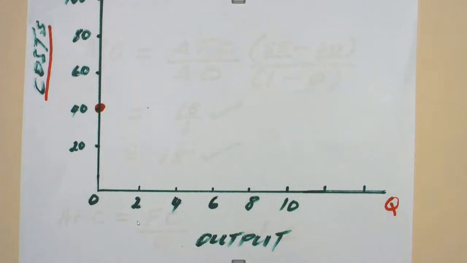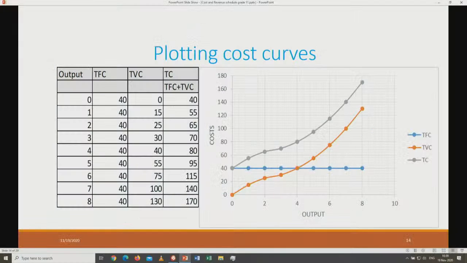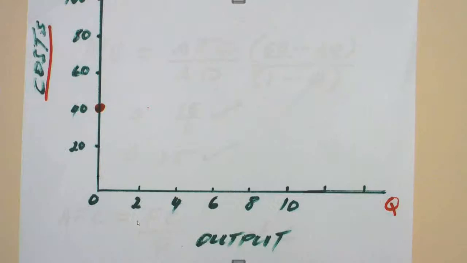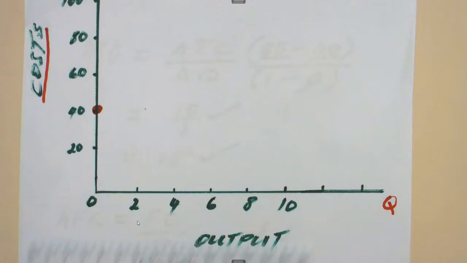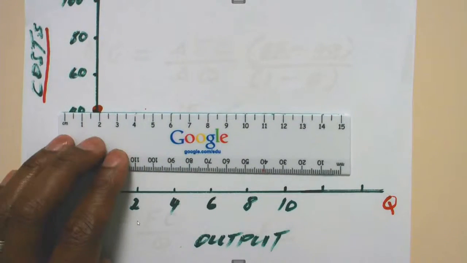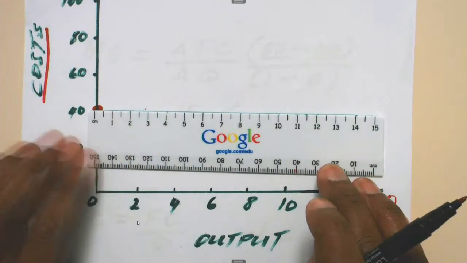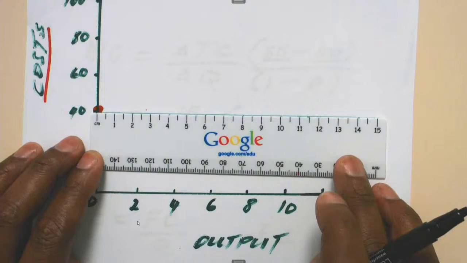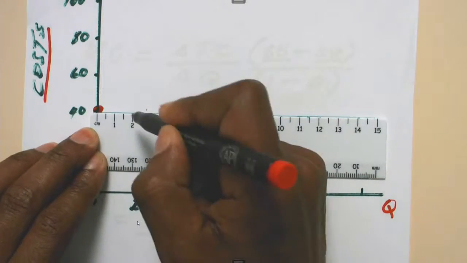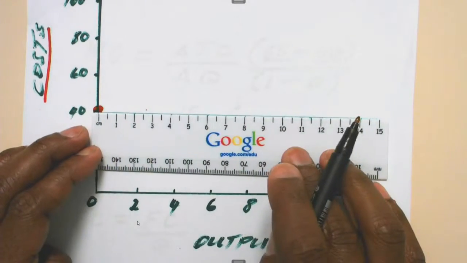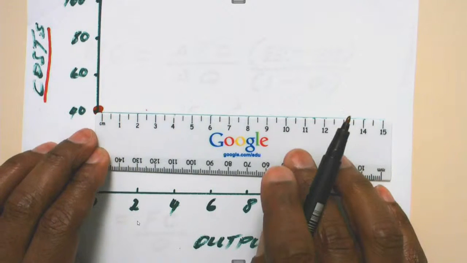And then when we are producing, let's just go back. When we are producing the first item, what is our fixed cost? It's 40 all the way. Can you see that? It's 40 all the way. So for 2, it would be 40. Do you see this? This is how we do our plotting. For the second one, it is still 40, right?